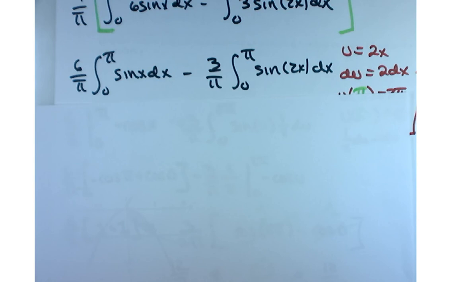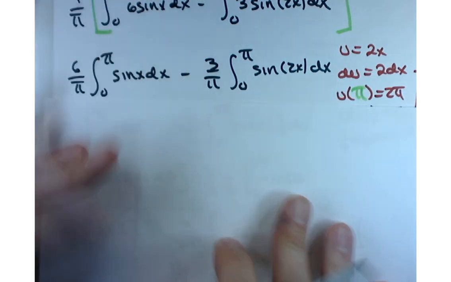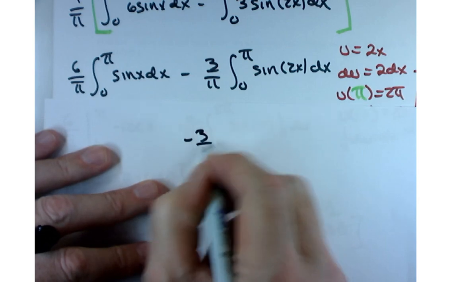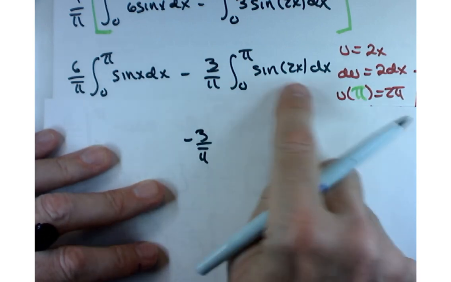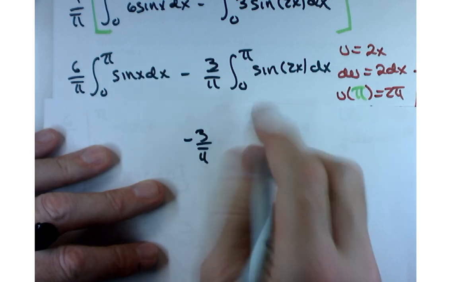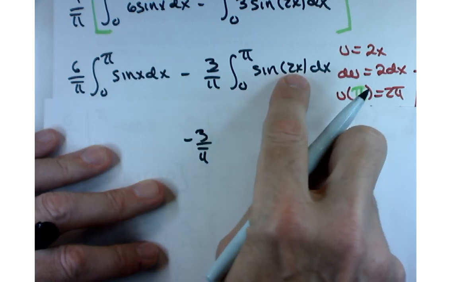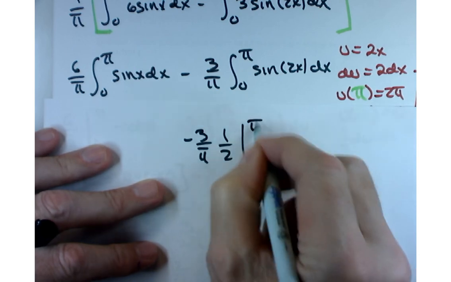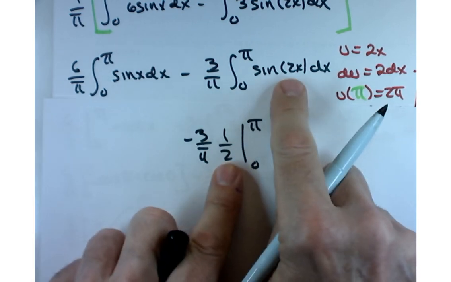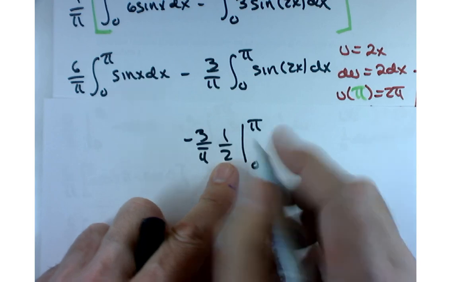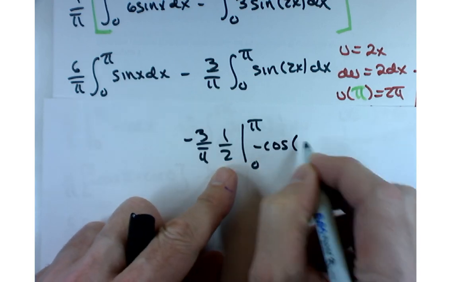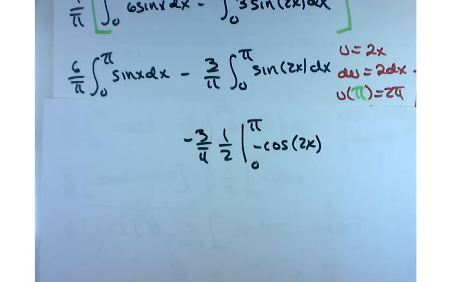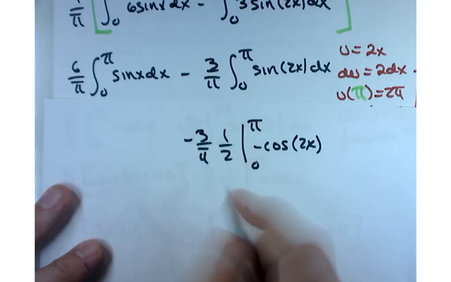So instead of a times 2, what do you think we'll get? Divide by 2. So if you revisited this and said, all right, well, that's going to be negative 3. I'm going to have that constant of a 1/2, because instead of multiplying by 2, I'm going to divide by 2. It's going to be 1/2, and then 0 to pi. So I've taken care of my constant. The antiderivative here is going to be minus cosine of 2x. Great. Those negatives cancel.